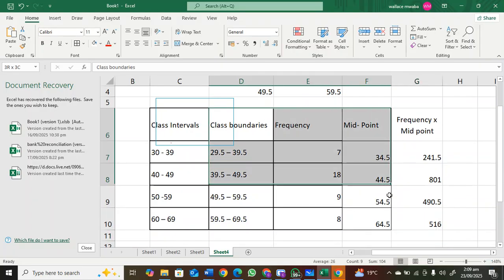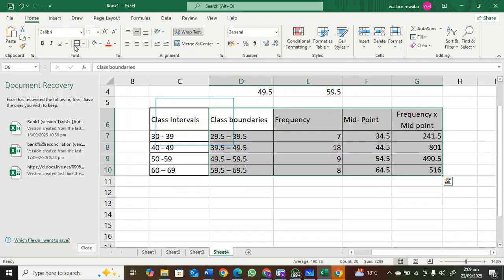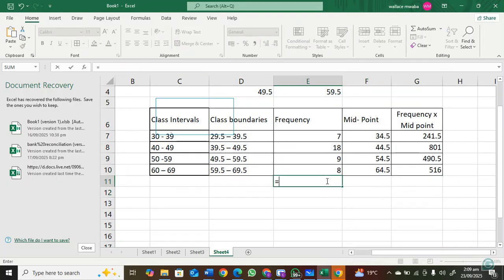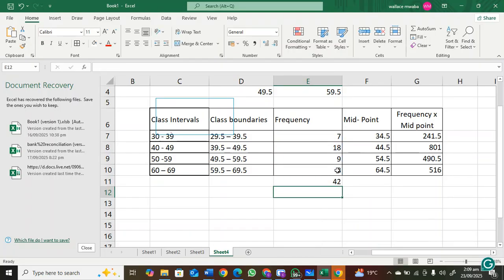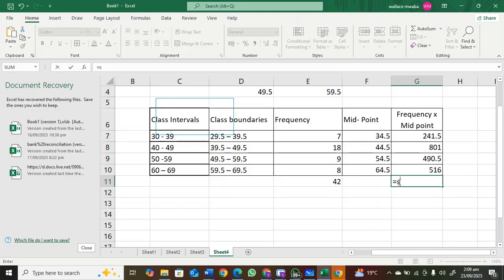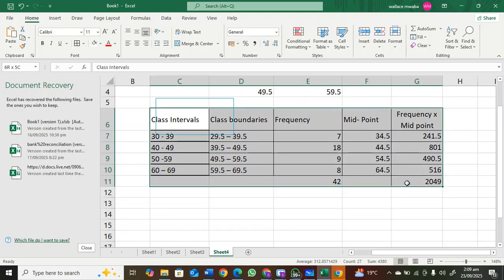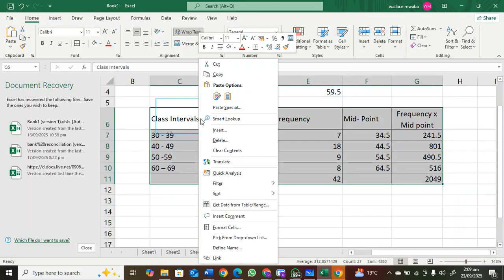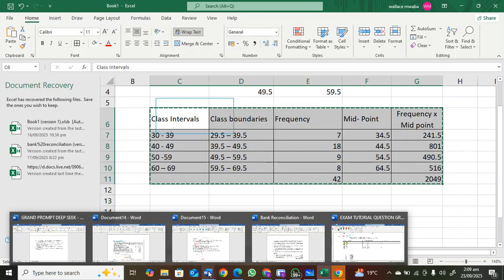Yes, those are our values. So in order to get our mean, we need first our total frequency and our total frequency by the midpoint here. Yes. So once we have these values, we can now calculate our mean.